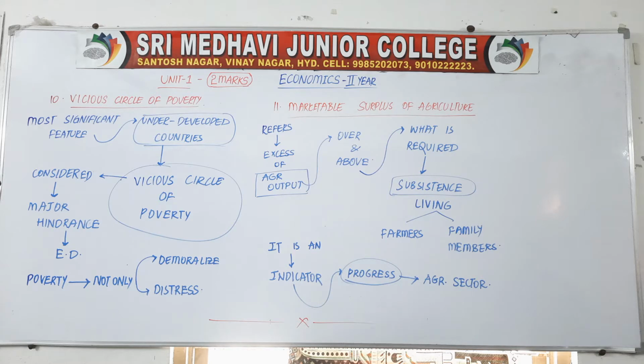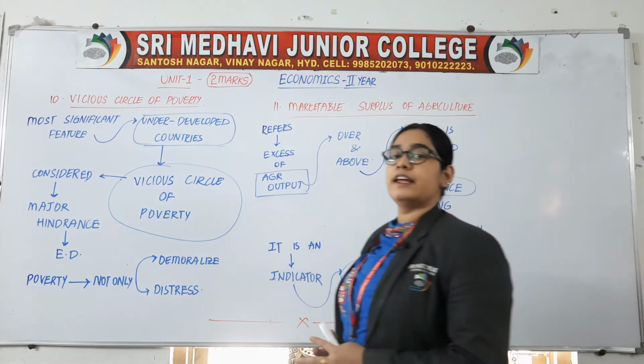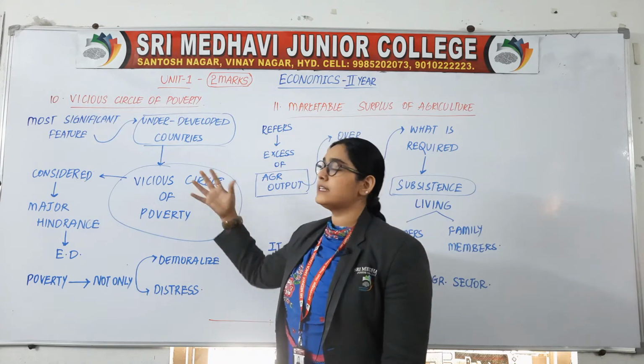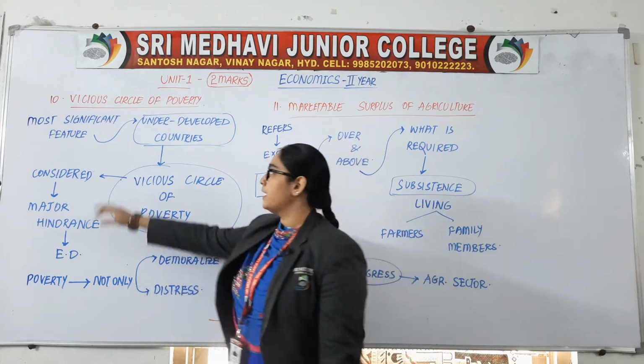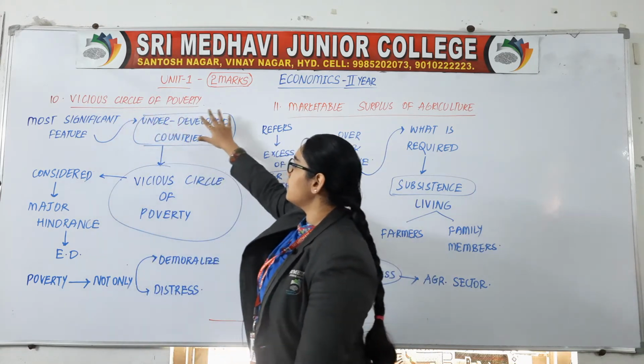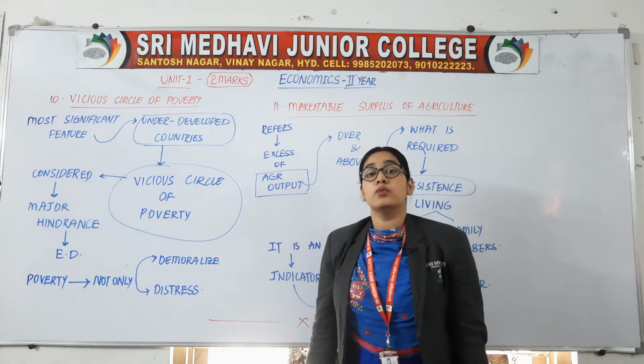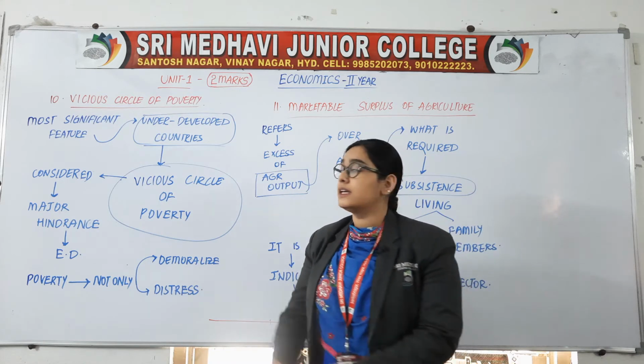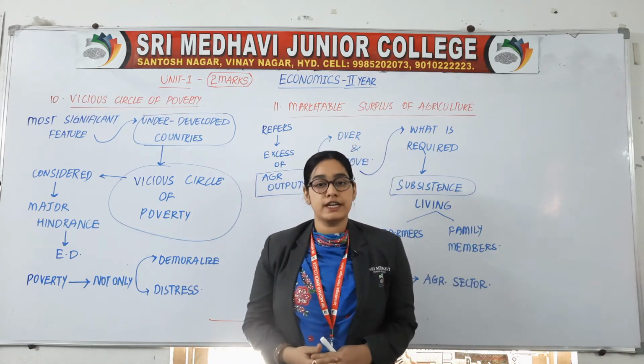So already 9 points, that is 9 definitions, are completed. Now let us see what is the 10th definition. It is vicious circle of poverty. Vicious means a very big circle of poverty.